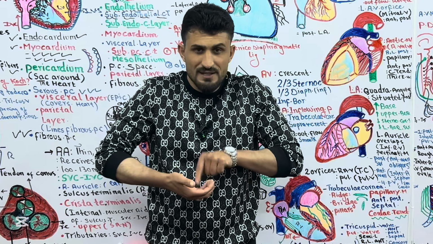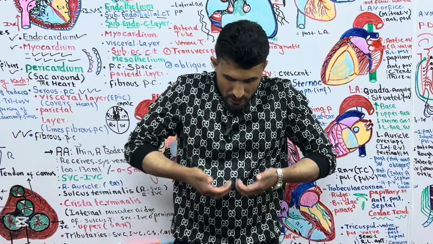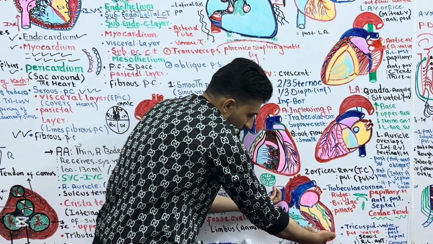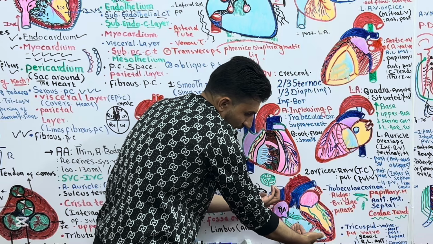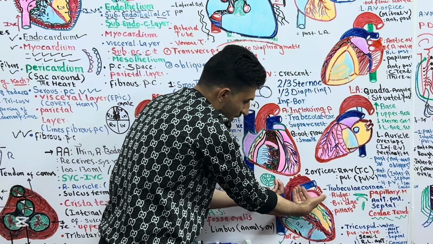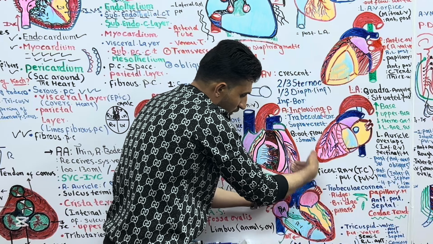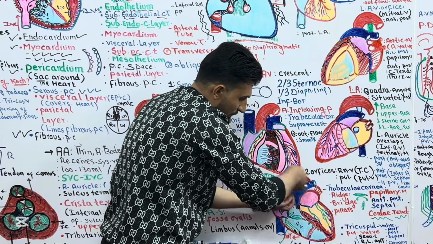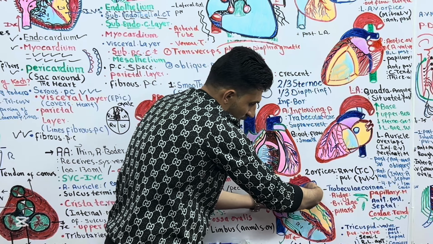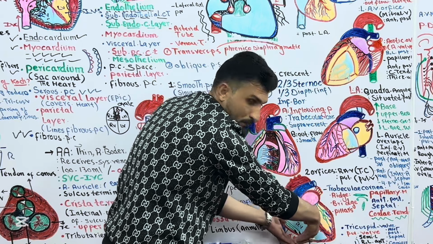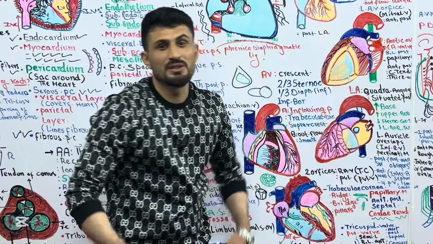So they have these small sinuses. Now when the valve opens, a lot of blood goes from the right ventricle to the pulmonary artery. But when they close, they will be pulled once again by the blood filling these sinuses, and then they will come back and close easily.